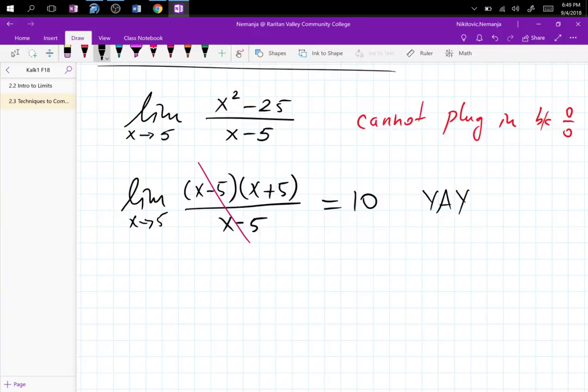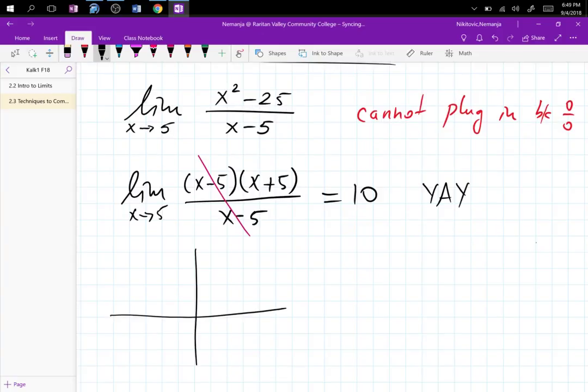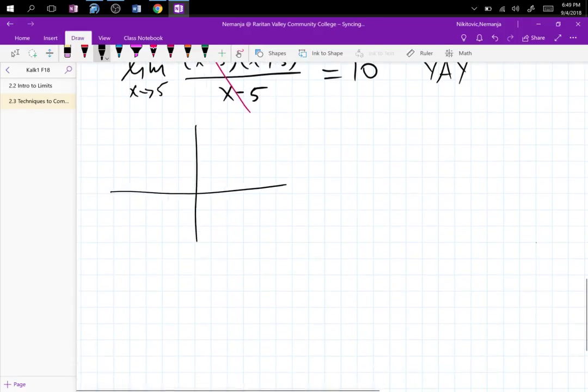How does this look on a graph? It's canceling. x plus 5 is a linear function. A linear function that will go through 5.